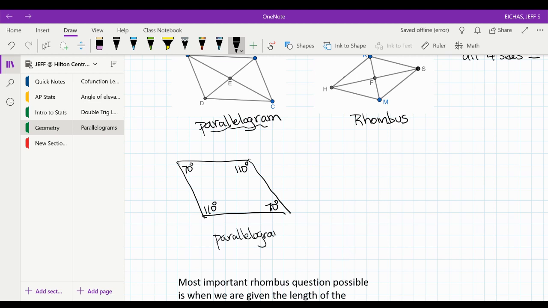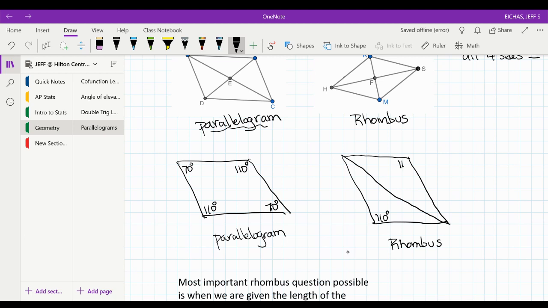A rhombus can have the exact same angle measures. Say it's 110. That obviously makes the other one 70. So that's 110, this one's 70.